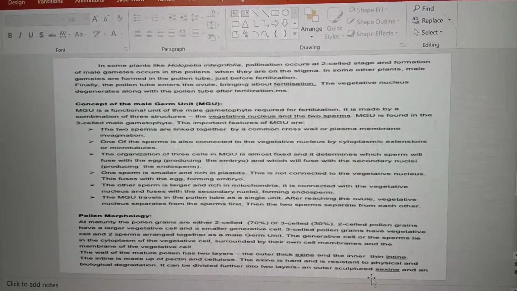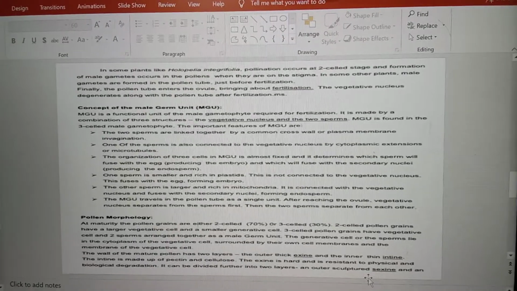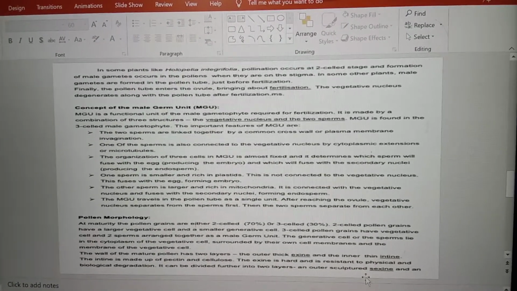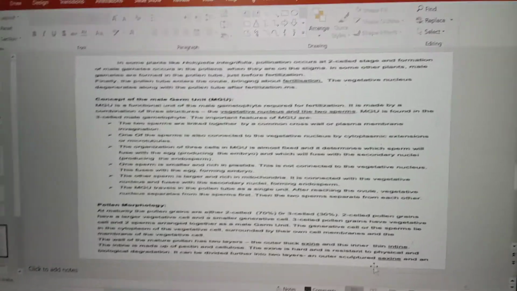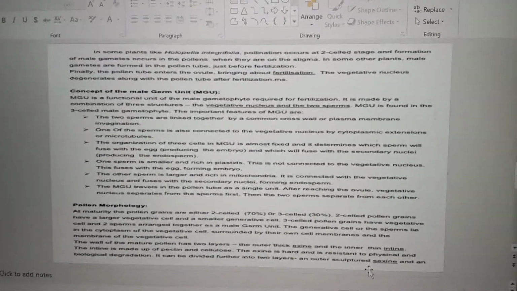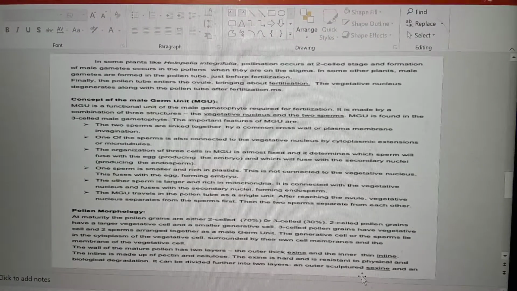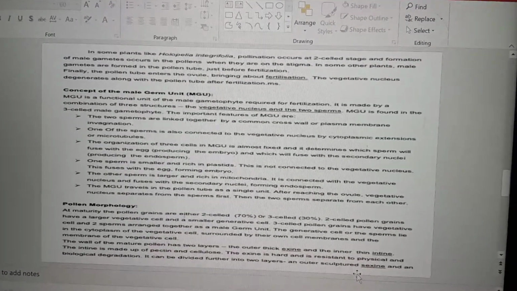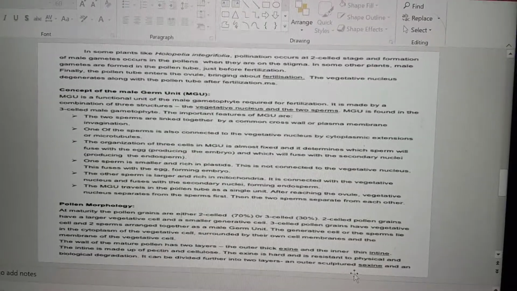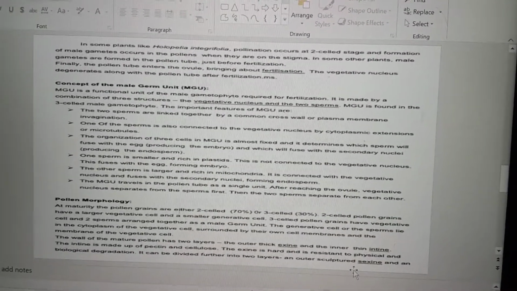In some plants like Holoptelea, pollination occurs at the two-celled stage and the male gametes form in the pollen while it is on the stigma. Meaning pollen grains land on the stigma surface at a two-celled stage, then take up necessary nutrients from the stigma, and the male gametes are formed at the stigmatic surface inside the pollen grain.